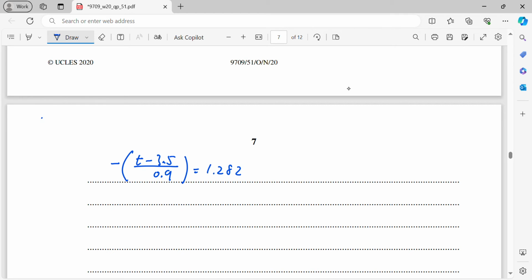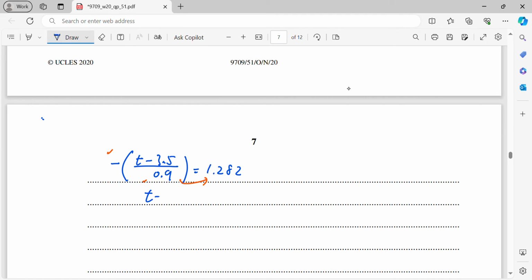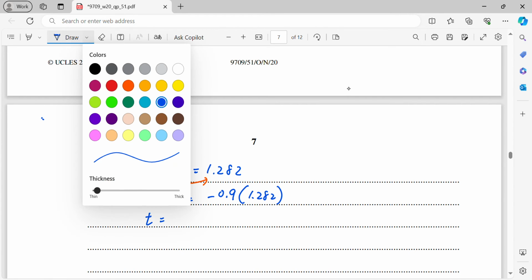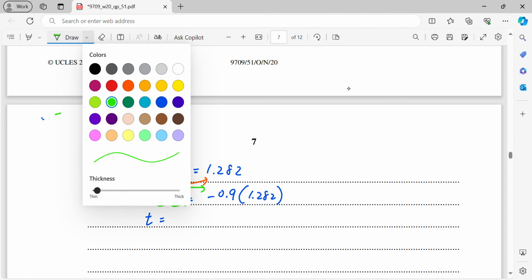Okay, now to get the t, I will group this minus and 0.9 together and then move it to the right side. So that means I will be getting t minus 3.5 is negative 0.9 times 1.282. Therefore, my t, just to move this negative to the right side, it becomes a positive value.